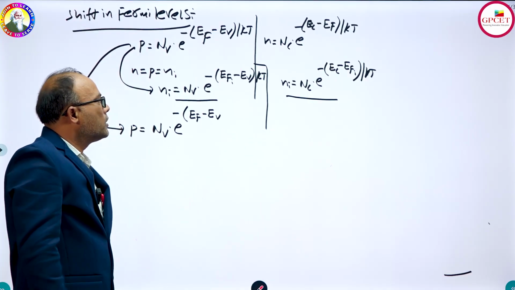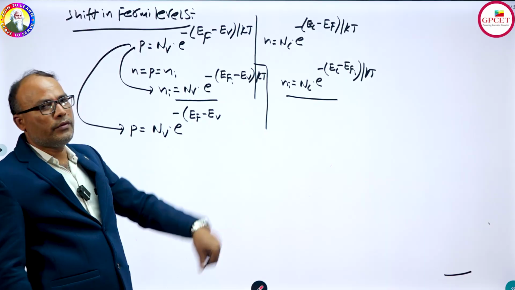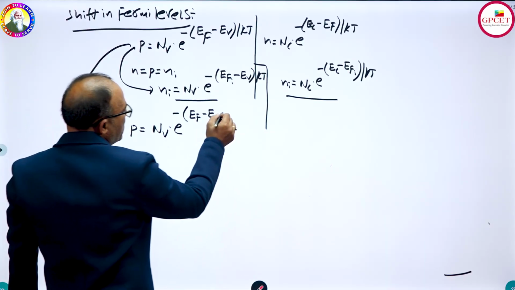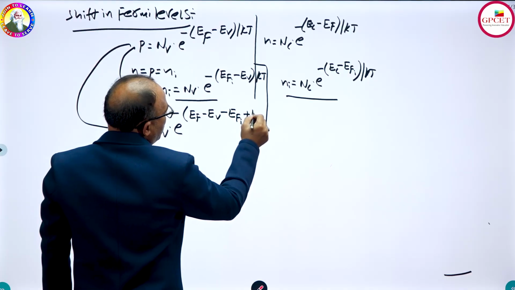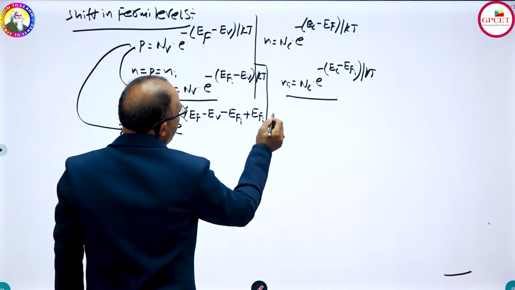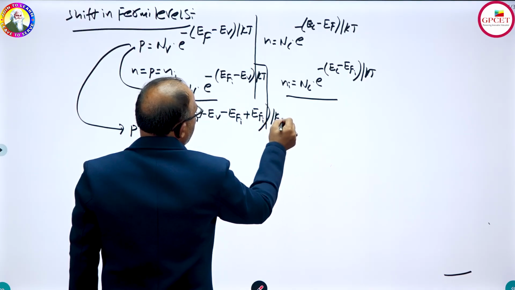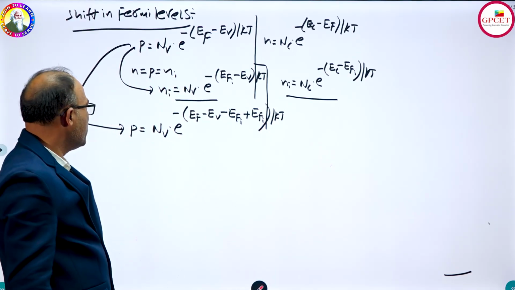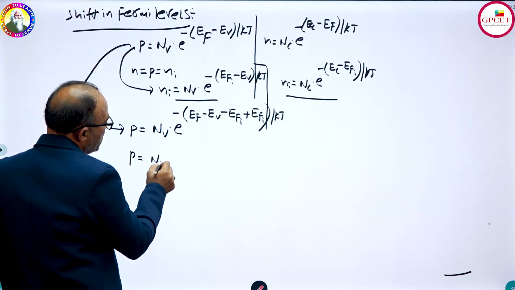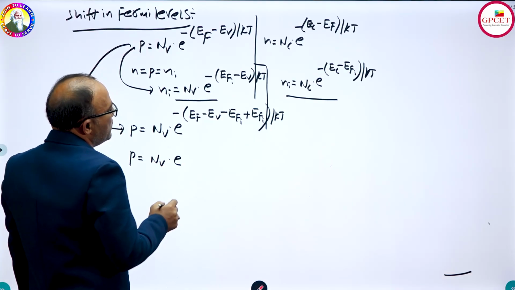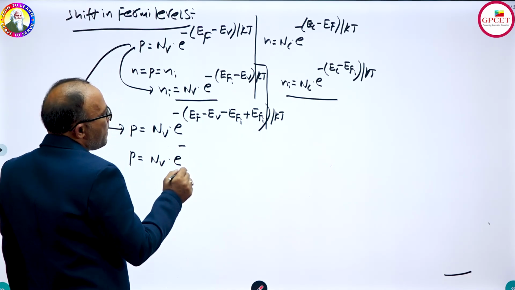Now, what I am doing is, for this equation, I am adding and subtracting EFI, the intrinsic Fermi level, as EF minus EFI plus EFI divided by KT. Now, I am dividing into two parts.